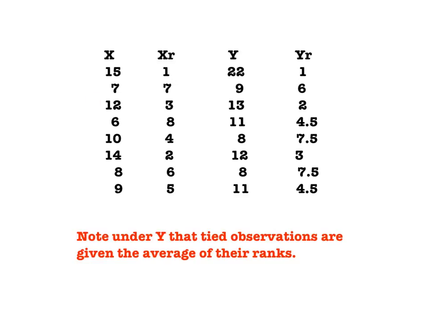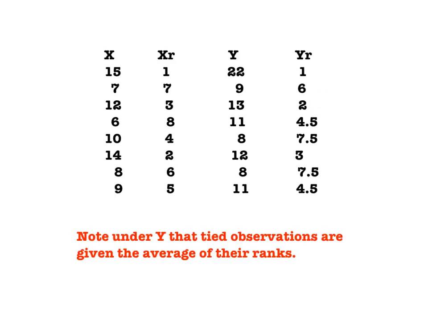The next highest observation is 12, it gets a ranking of 3, and so on. We do the same thing for the y values. So if we look at the highest value in this set of observations, it's 22, and that gets the ranking of 1. The next highest value looks to be the 13, so it gets a ranking of 2.